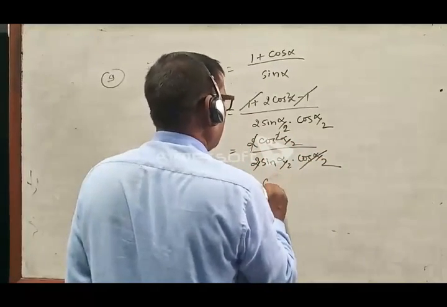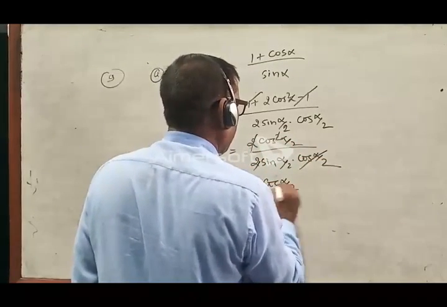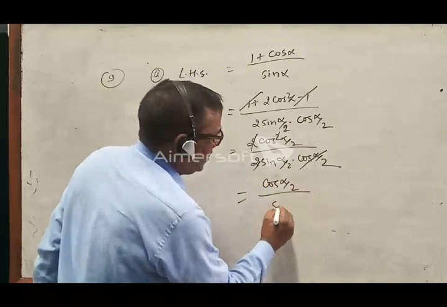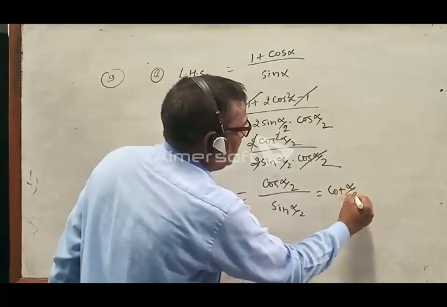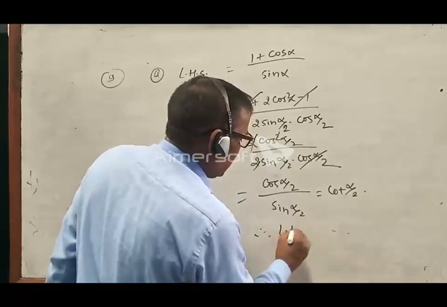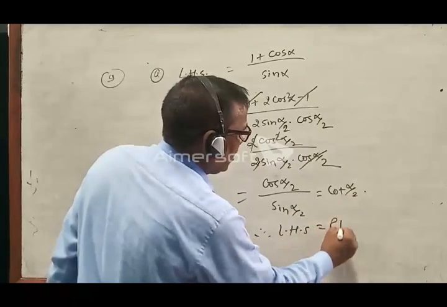Cos alpha by 2 upon sin alpha by 2 is equal to cot alpha by 2. Therefore, LHS is equal to RHS.